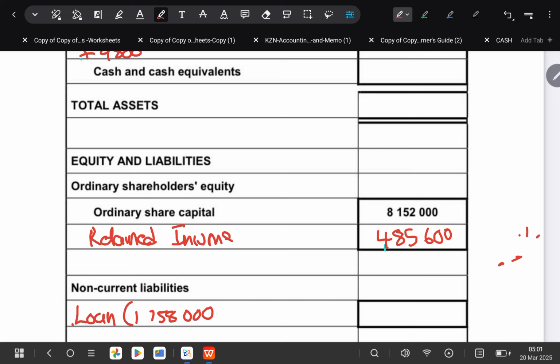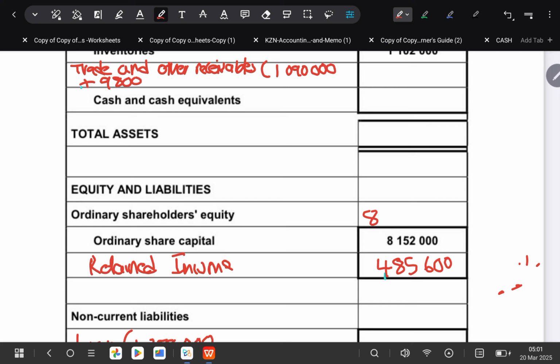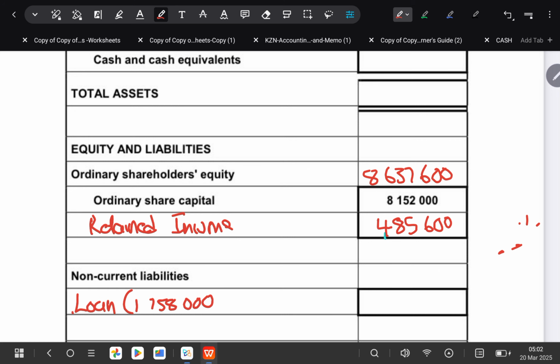So 8,152,000 plus 485,600 is giving us 8,637,600. So you are done with this part. Next, you move to the next transaction.